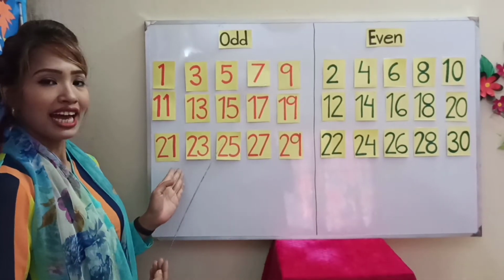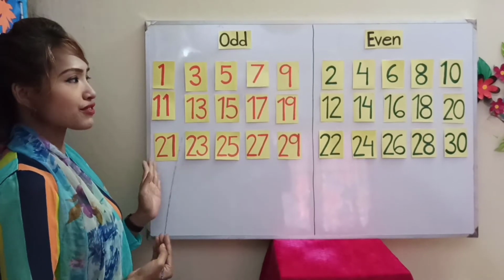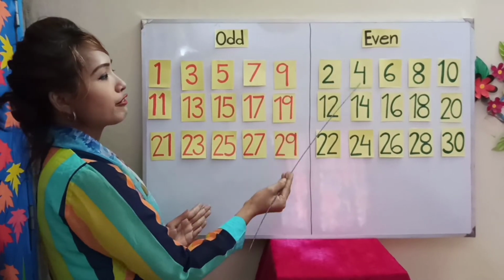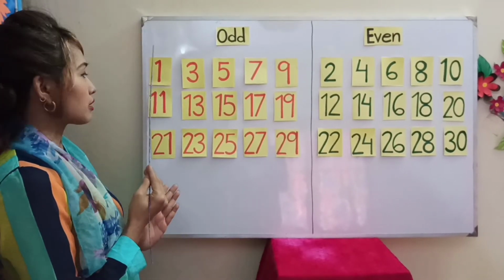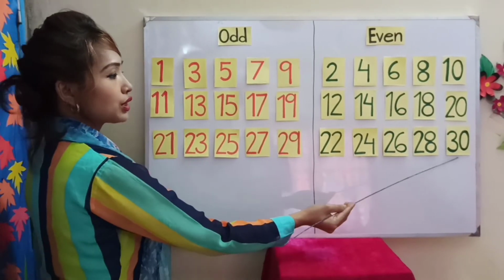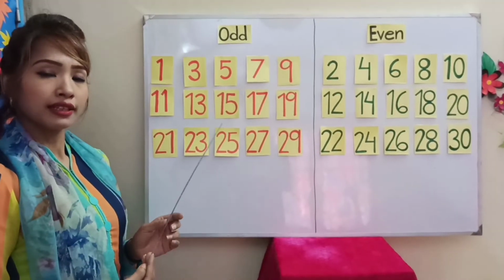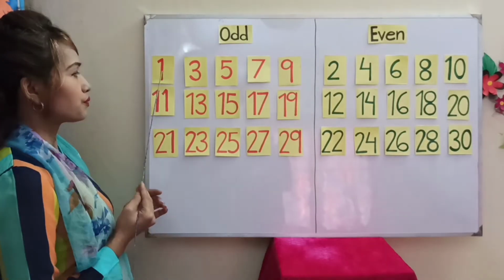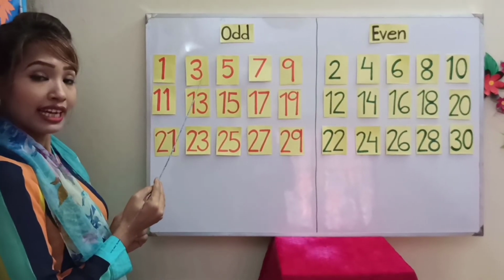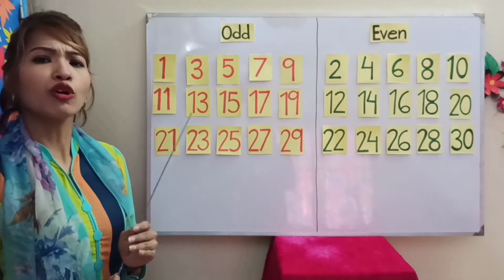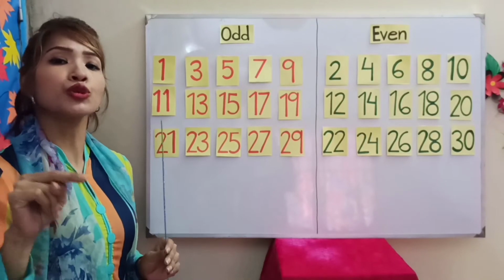So here I have separated for you odd numbers on the left side and even numbers on the right side. Here the numbers are given from 1 to 30. So now we will read out. Come on, say along with me. 1 3. And when we say it, I always prefer to say the numbers 2 together.